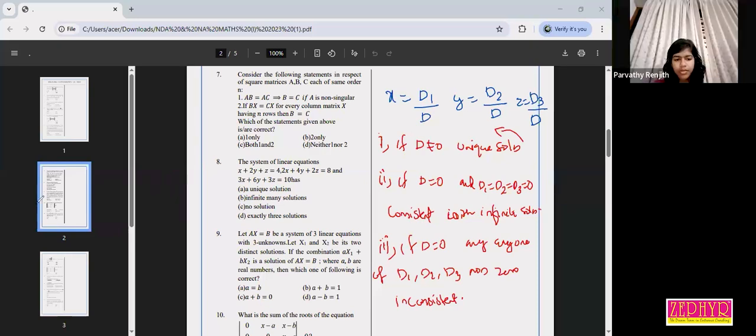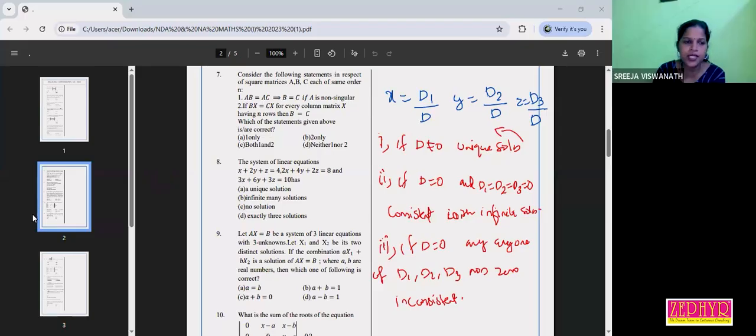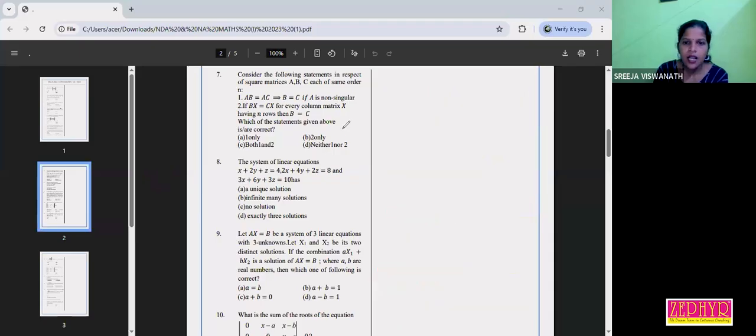Okay. Now we can check the value for question number 8. First, we find the value of D: 1, 2, 1, 2, 4, 2, 3, 6, 3. Find the determinant.